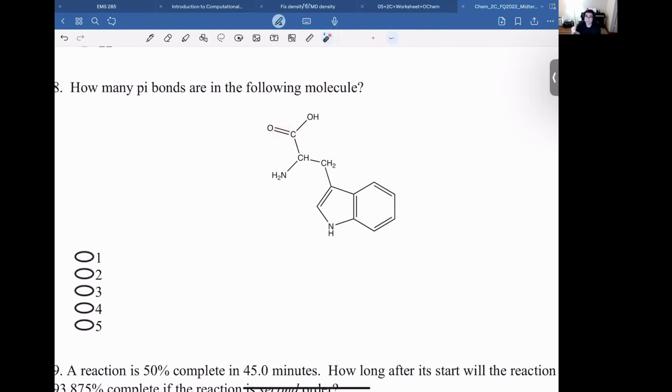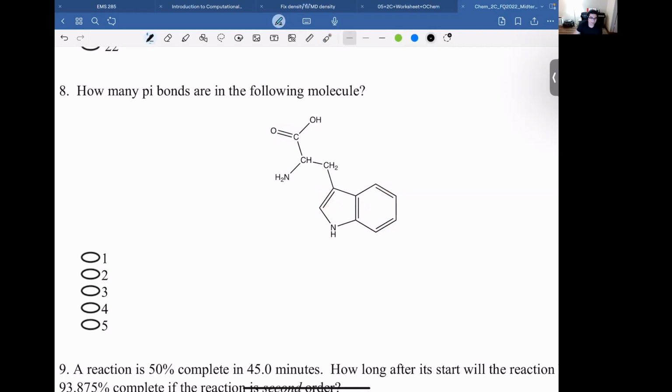That first bond is a sigma bond. The second bond is a pi bond. So there's 1 pi bond here, 1 here. So 1, 2, 3, 4, 5. So we have 5 pi bonds counting it up. Did I miscount? No, I didn't. And that is your answer.